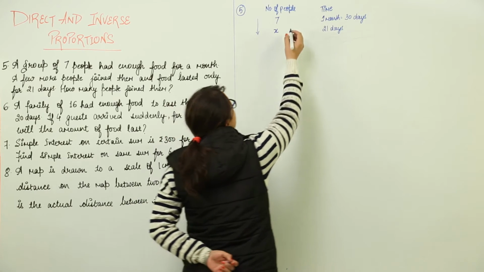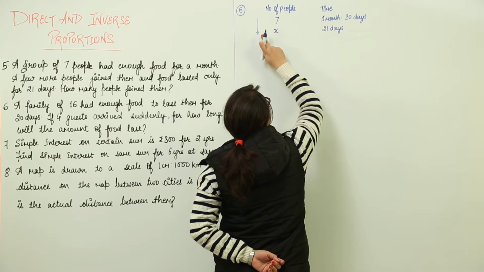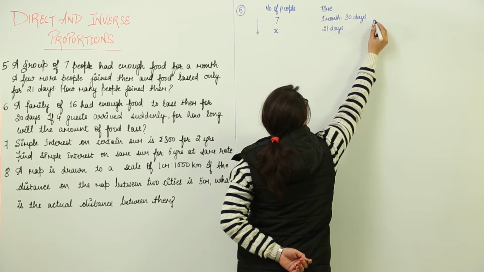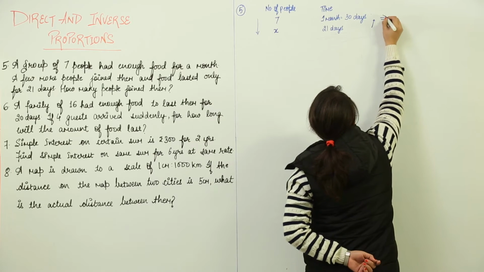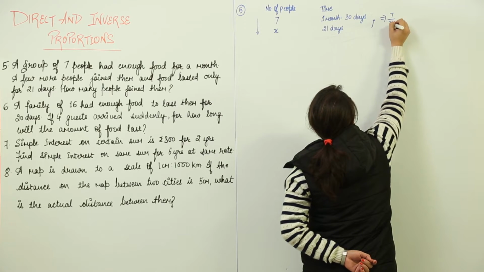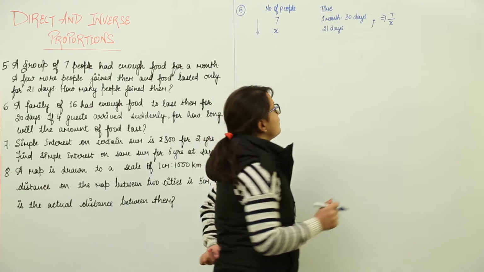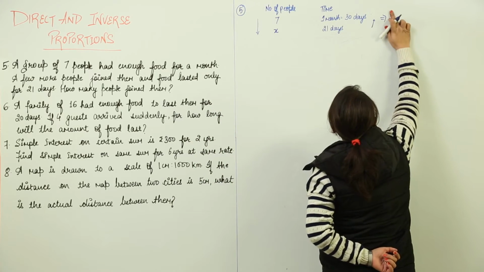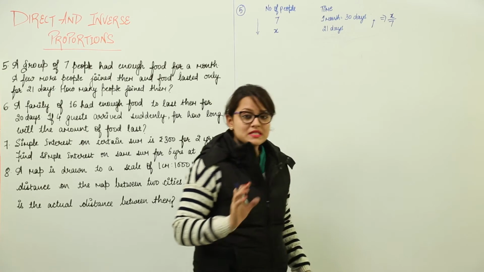Now let us do that. Because this is indirect, that means if the number of people are increasing, the days are decreasing. That means we will do it in the inverse form. The inverse form says that instead of 7 over x, it will be x over 7. That means I would do it the reciprocal way, right? I have purposely made this mistake. Why?